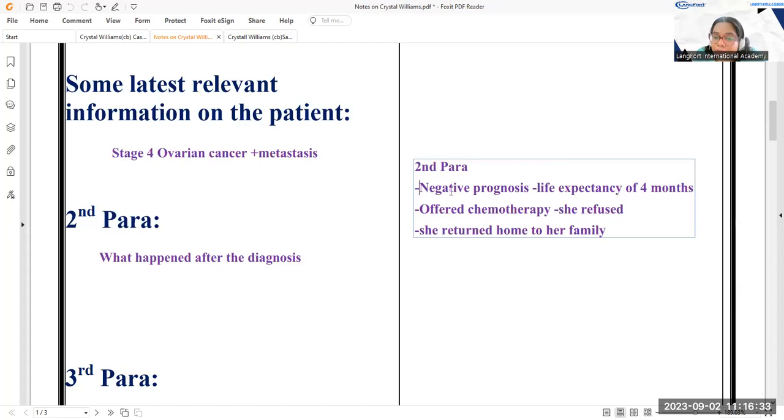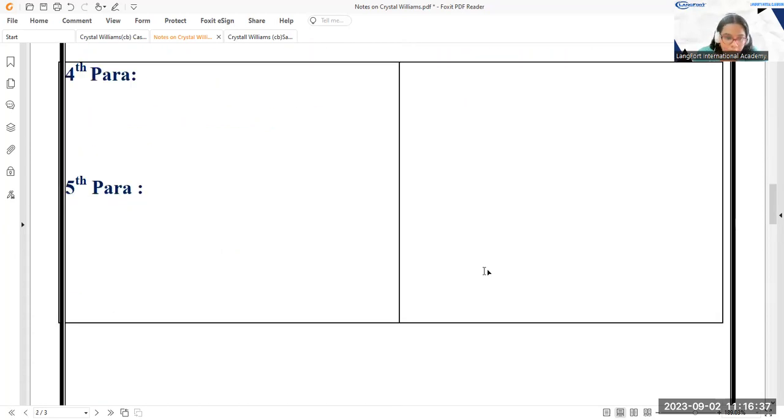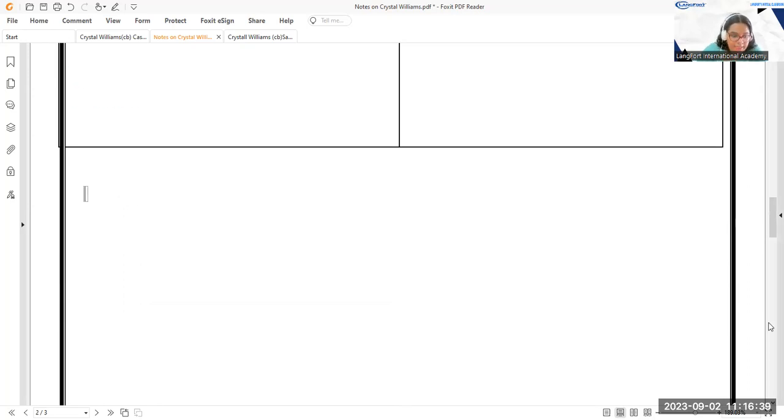So that brings me to one important point. How do you convey a negative prognosis, which is the life expectancy? Usually what students do is, whenever they see negative life expectancy, which is the negative prognosis, okay, let me just write it down properly.